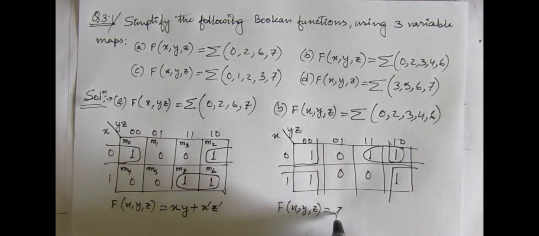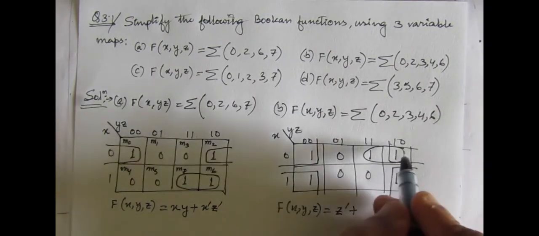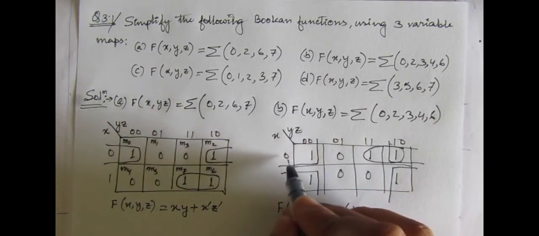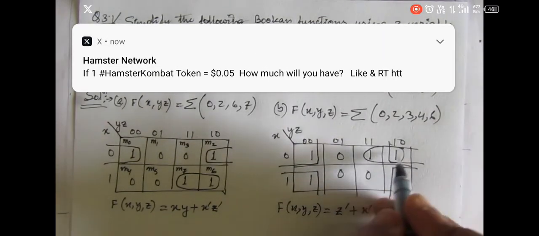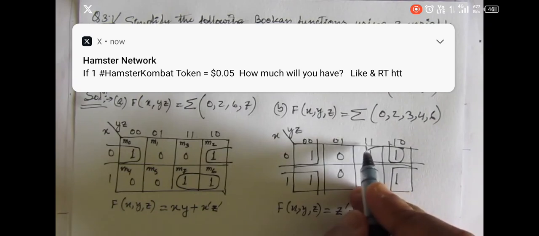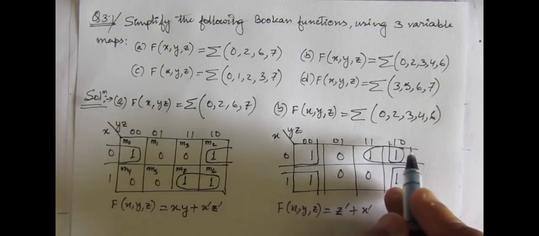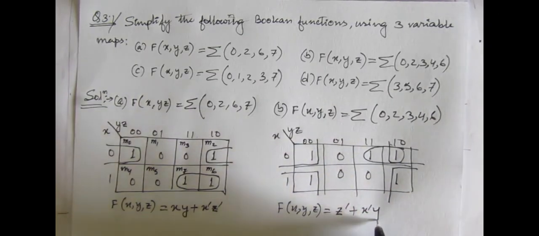So we'll write z bar plus, for this term we have only x bar, and from these two columns we can say that y is 1 and z is 1 and 0, so z will be discarded, so x bar y. So this is the solution of the second part.